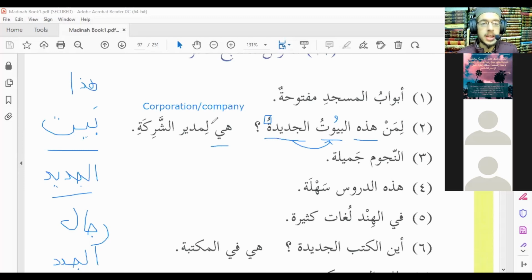We see it pop up in the answer as well. What detached subject pronoun are we going to use to refer to this non-human group? We're going to use hiya, not hum. If they had been rijal, then we would have used hum, they.